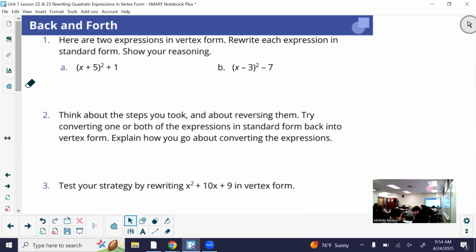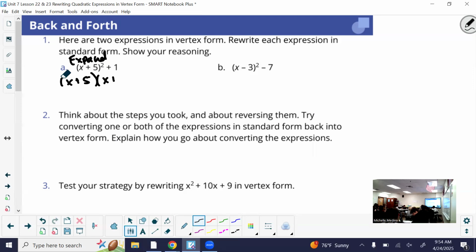Now, I'm gonna skip this part because it's not that it's not important, but I just don't see that you would need to do this all the time. This part, maybe I'll tell you some parts. If you ever needed to convert something from vertex form to standard form, you know that standard form is fully simplified. Like there's nothing that needs to be multiplied. If I needed to go from vertex to standard form, first you'd have to expand this out and do x plus 5 times x plus 5.